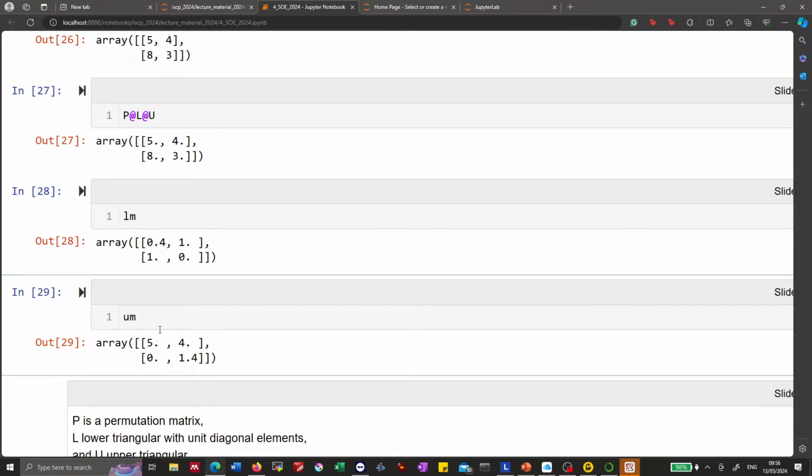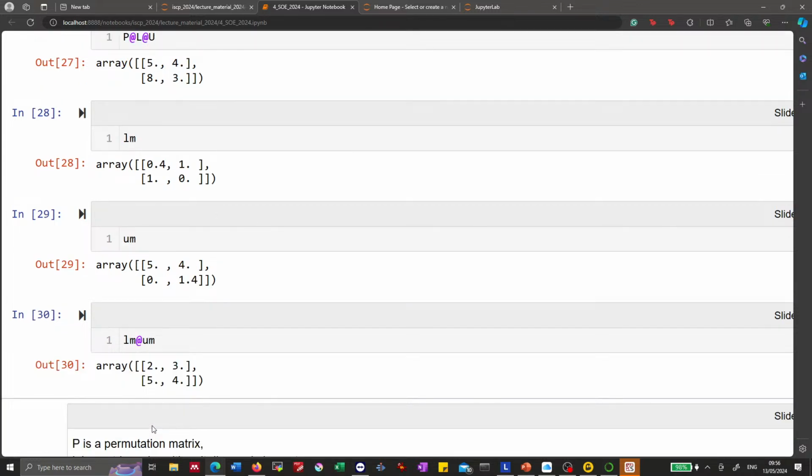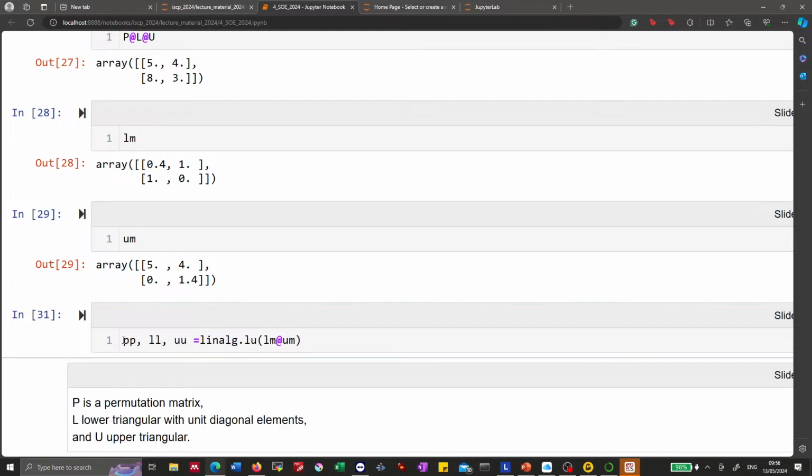When I take those and I have LM times UM, I get the original problem that was given, right? Now from linear algebra, from LU, let's see, I get my permutation matrix, my lower and my upper triangular matrix.